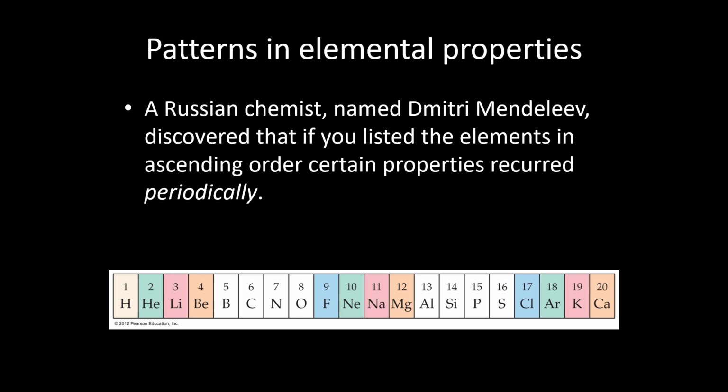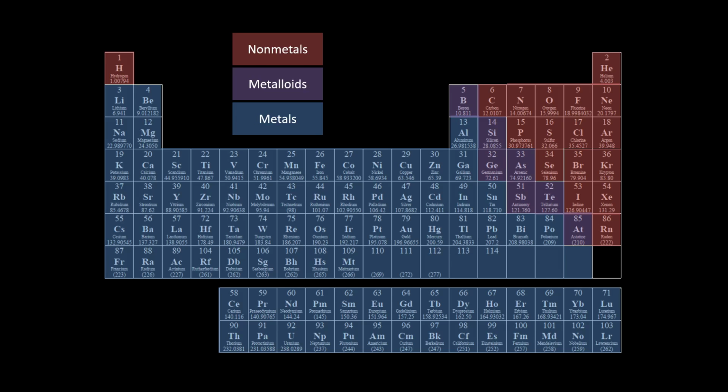As far as the periodicity here of the periodic table, really all I'm expecting you to know in terms of the different regions of the table and why everything is arranged the way it is, I just expect you to know that these are the metals, and these are the nonmetals, and then the metalloids are in between. I will try to make it blatantly obvious if you're dealing with a nonmetal or if you're dealing with a metal.